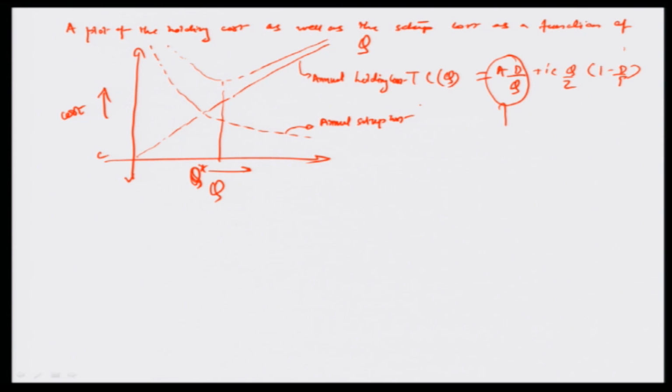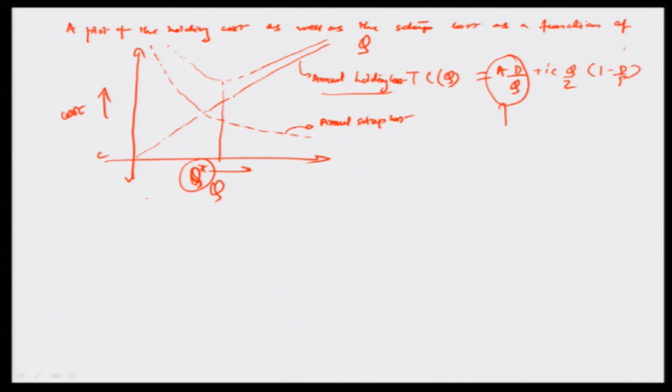So, while the holding cost increases as a linear function of Q, or with increasing production lot sizes, the setup cost comes down because of increasing lot sizes, and so there is a sort of harmony between both of them, and they have the maximum effect on each other to minimize the cost function at a certain point Q star.